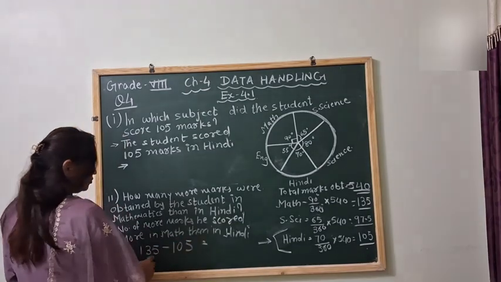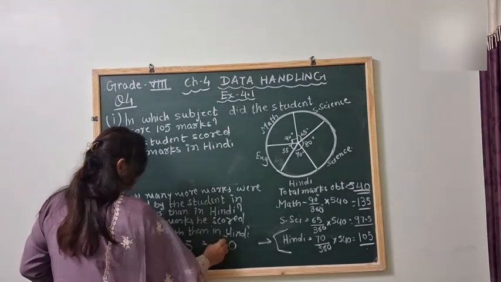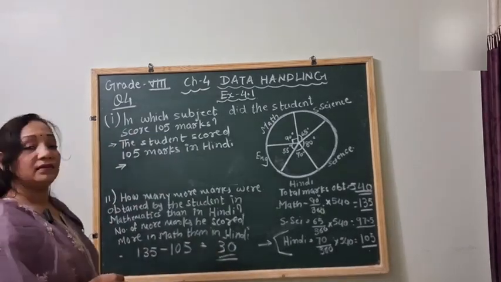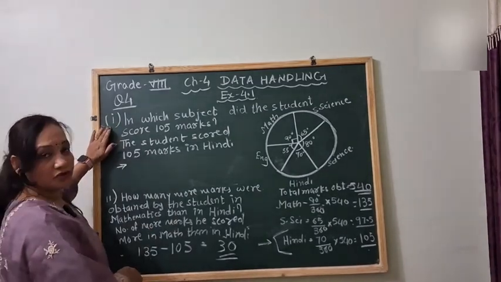If you subtract, students, 5 minus 5 is 0, 3 minus 0 is 3 and 1 minus 1 is 0. So how many more marks did he score in math? 30 more marks. Okay, so we finished here with question 4, sub question number 1 and 2.